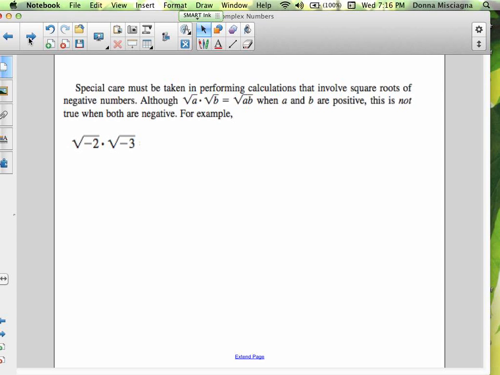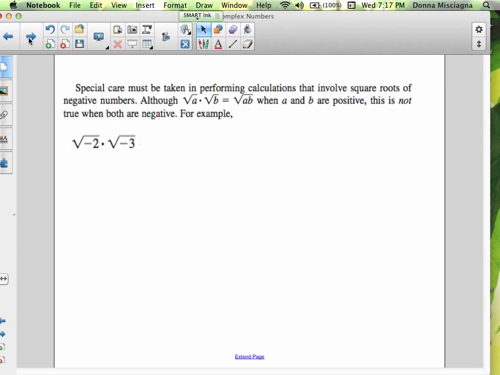You're looking at complex numbers. Now, one little important thing. Special care must be taken when performing calculations that involve square roots of negative numbers. Although the square root of a times the square root of b is equal to the square root of a times b when a and b are positive, it's not true when they're both negative.